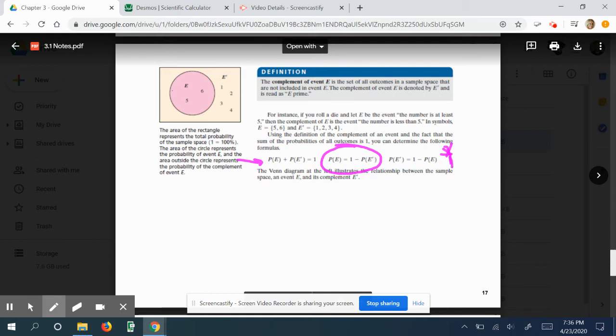Up here at the top, they give us an example of rolling a 5 or 6. The probability of rolling a 5 or 6 would be 2 out of 6, or 1/3. And the complement would be 2/3, or 4 out of 6. You'll notice that 1/3 plus 2/3 equals 3/3, which we know to be 1. So we know this is true.